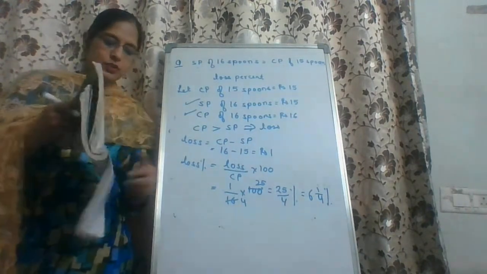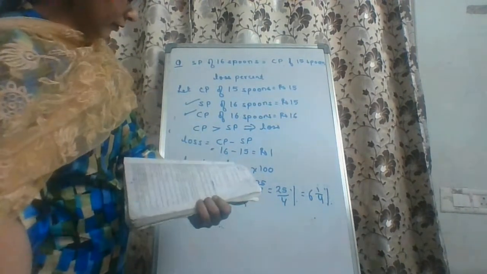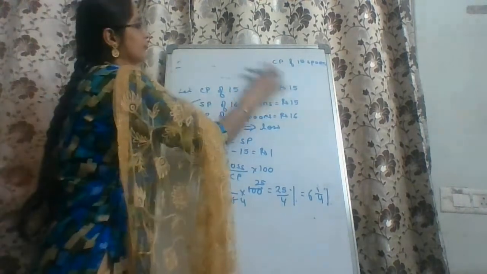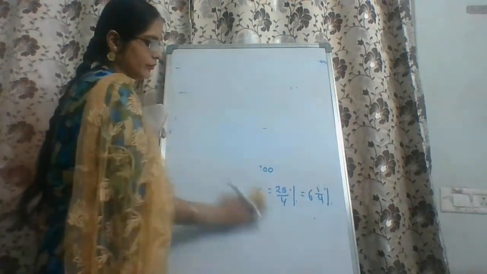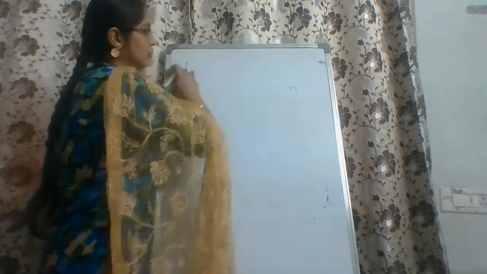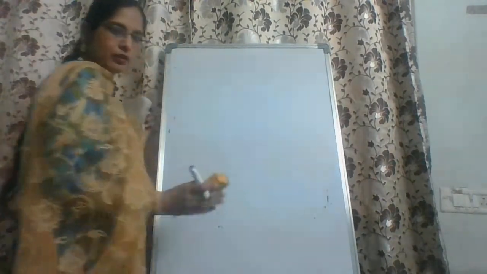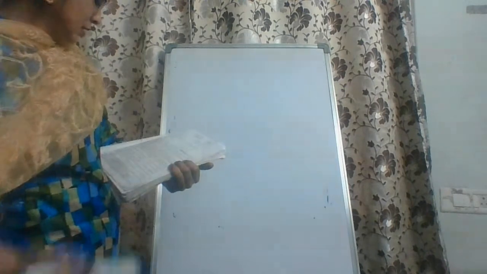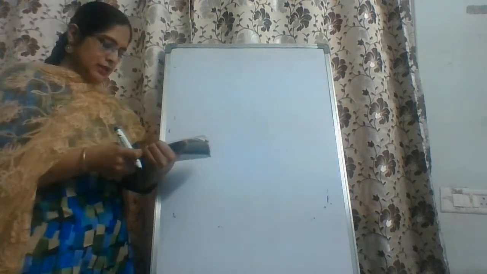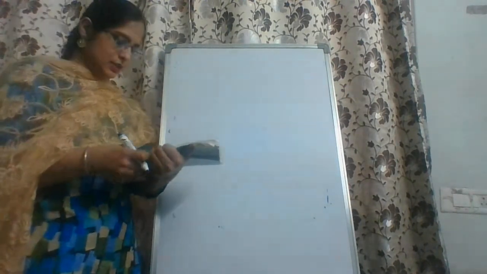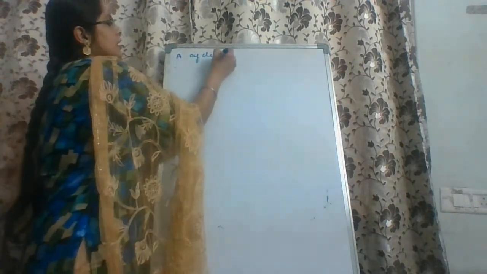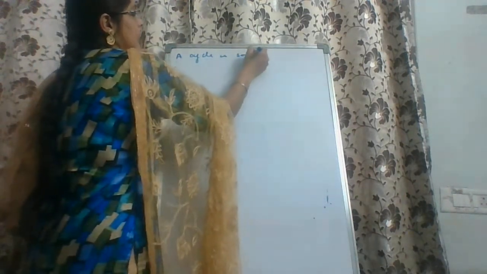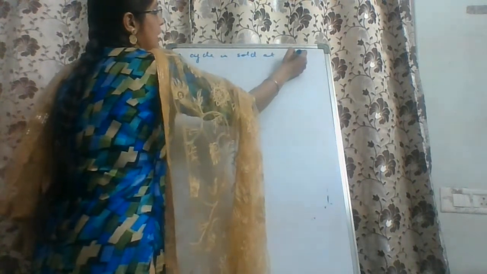Coming to the next question. A cycle is sold at a gain of 15%.